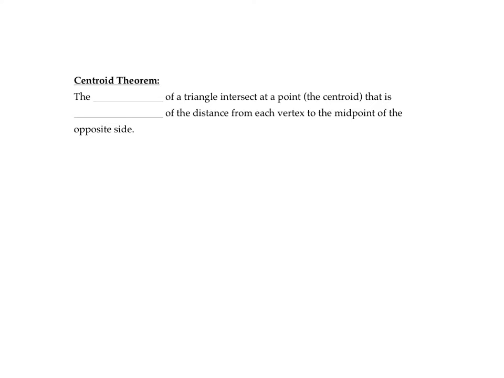It's not actually called the centroid theorem technically, but I just thought I'd give it that title. The medians of a triangle intersect at a point called the centroid that is 2/3 of the distance from each vertex to the midpoint of the opposite side.